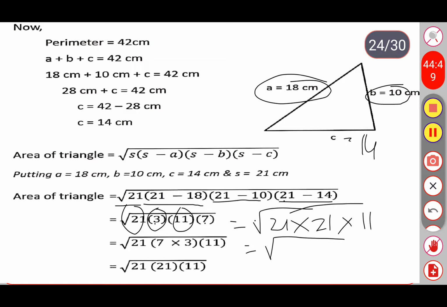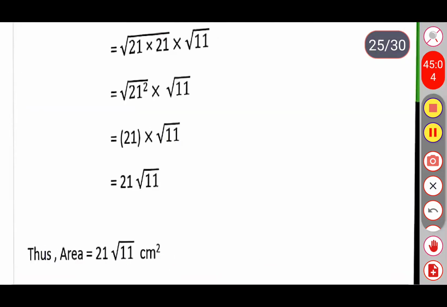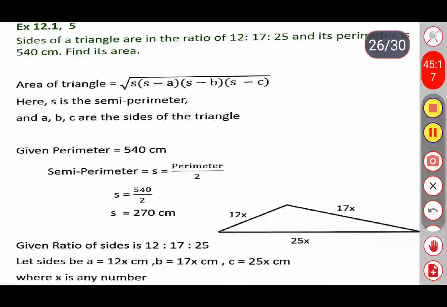Now 21 into 21, this can be written as 21 square into 11. Here square and root get cancelled, what will we get? 21 into root 11. So 21 into root 11 centimeter square is the area of the triangle.